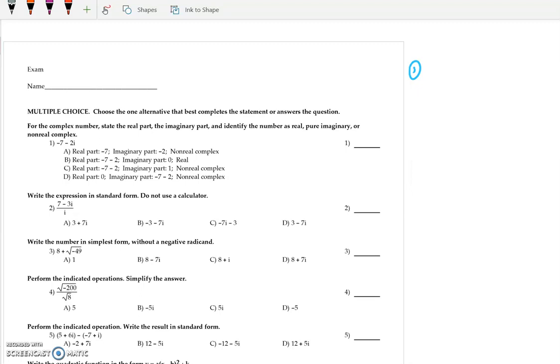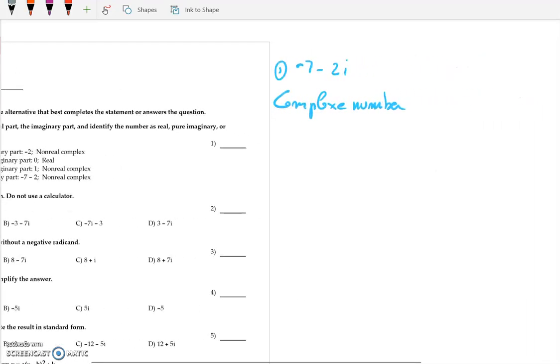So question number 1. The question is, for the complex number, state the real part and imaginary part and identify the number as real, pure imaginary, or non-real complex. If I look at the number, I got -7 minus 2i. And I know that a complex number can be written as a plus bi.